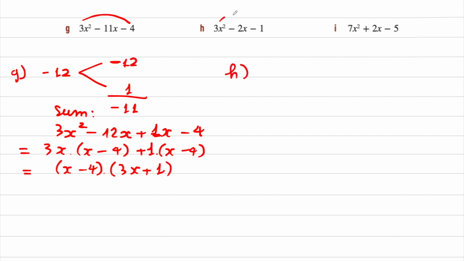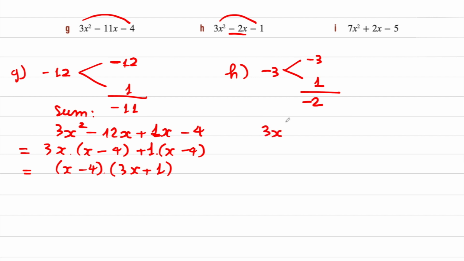Move to question H. For this one in here, you got minus 3 and 1. I will choose this option because minus 3 plus 1 equals minus 2, exactly equal to the middle coefficient.